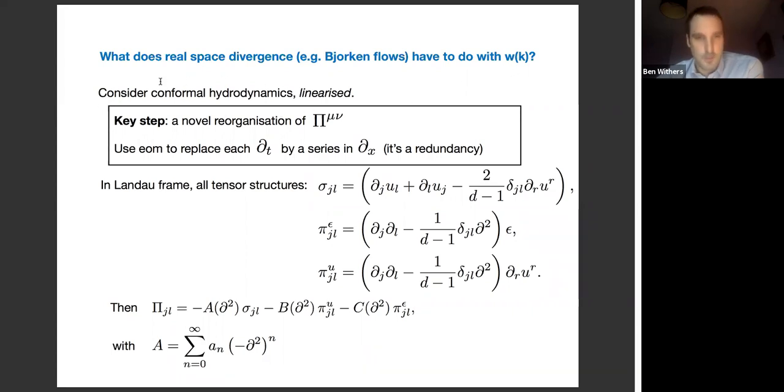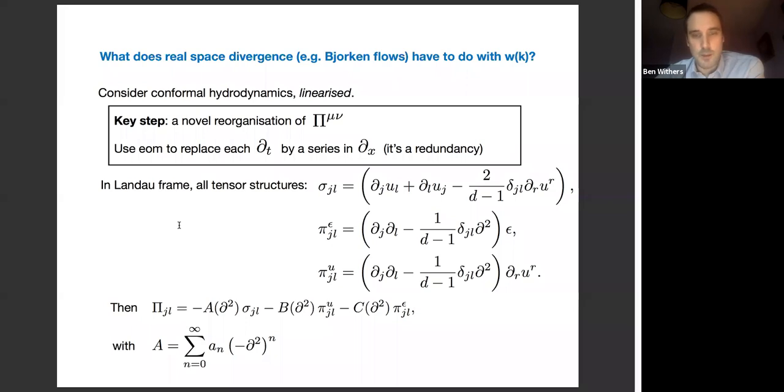As has been preemptively pointed out by Alex, what we're going to do is consider linearized hydrodynamics, and in doing so, Bjorken flows are strictly excluded. But nevertheless, I think there's an important connection to be made by considering real space linearized hydrodynamics. So let me discuss that, and then we can come back to Bjorken flow at the end and decide whether it is of any relevance.